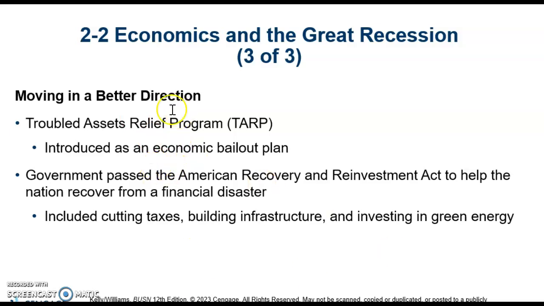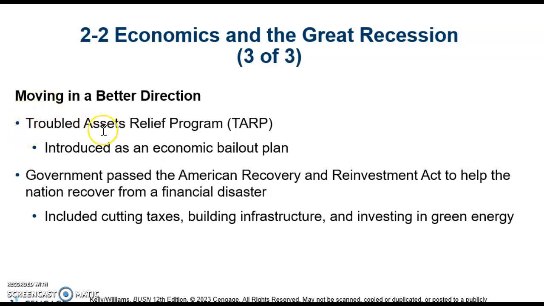So in late 2011, the economy started picking back up. Employment grew slowly for 49 months in a row, and that was the best run since at least World War II.